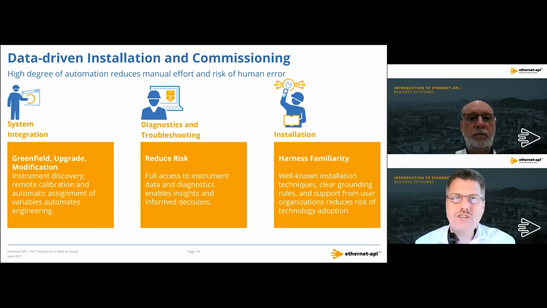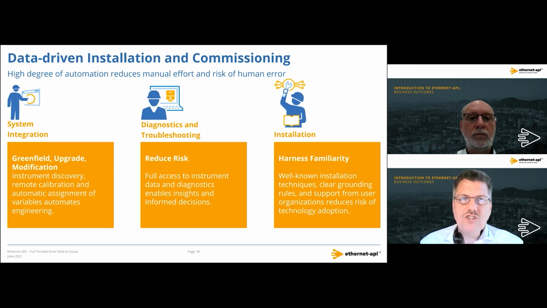And with diagnostics and troubleshooting, the technicians have access to the data that is stored in the engineering station and at the same time to the manual that is stored in the instrument or the certification documentation. So with advanced techniques, Ethernet APL enables these techniques to be deployed in the field, providing information at the right time and where it is needed.